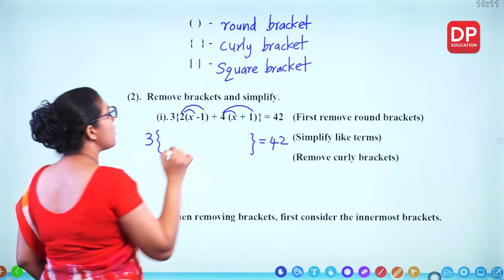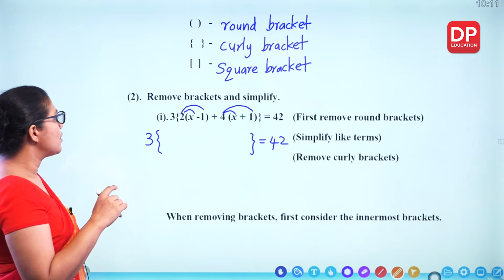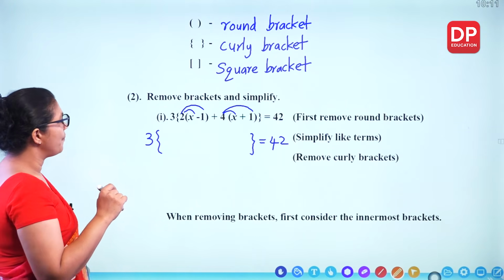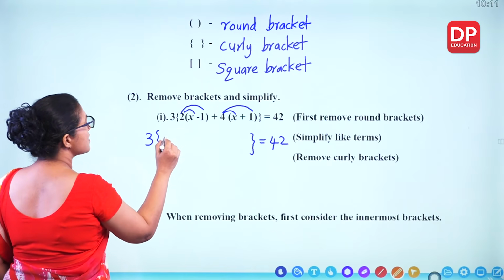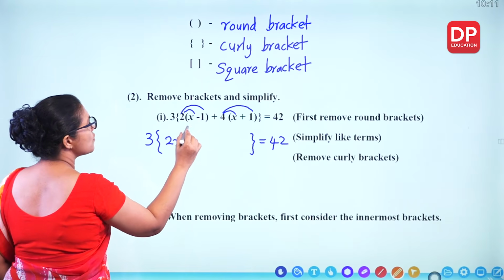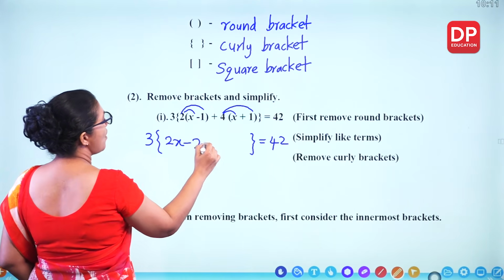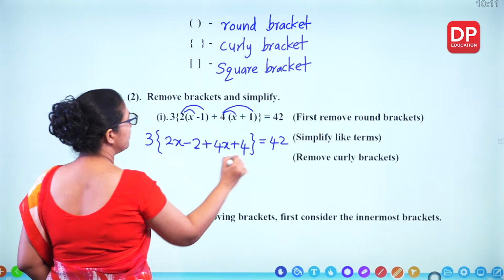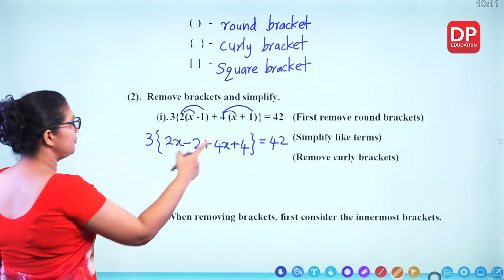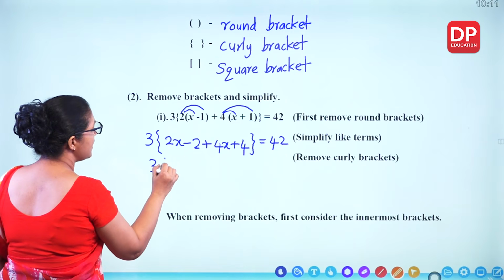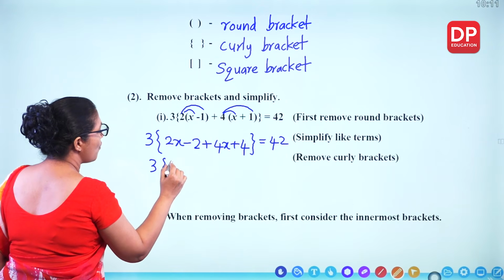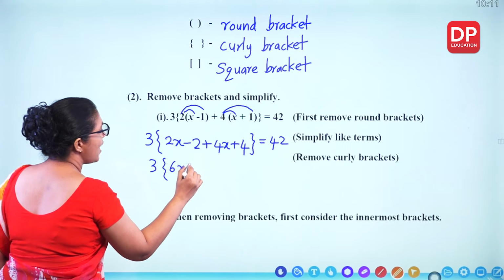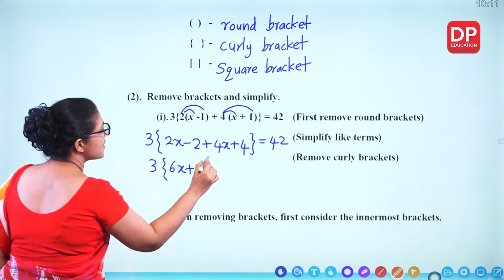So, that means you have to multiply the first one with 2, the second one with 4. 2 times x, 2x. 2 times minus 1, minus 2, plus 4x plus 4. Now simplify the like terms. 2x and 4x, 6x. 4 minus 2 plus 2.